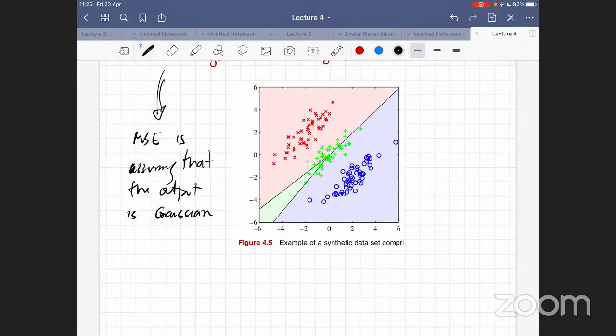You remember, if you have a Gaussian likelihood, the mean square error is exactly the minus log of the likelihood, and minimizing this is like maximizing your likelihood.